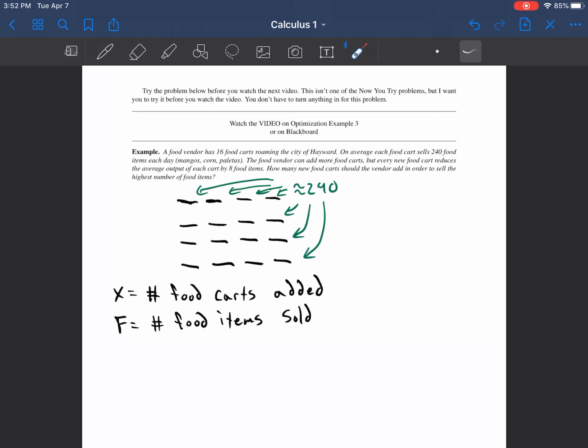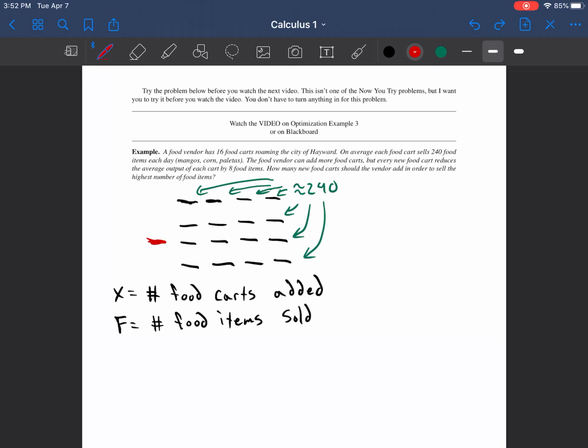This problem is saying that the food vendor can add more carts, so they have the capability of adding more food carts. Maybe they add 1 or 2 more. Let's say they add 1 more. But what that does is create a subtraction in the average number of items sold per cart.